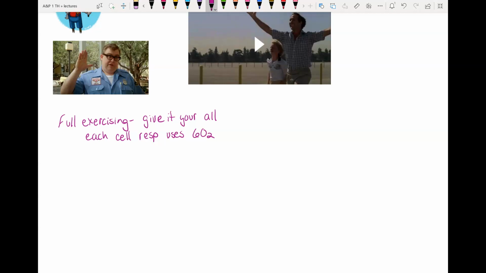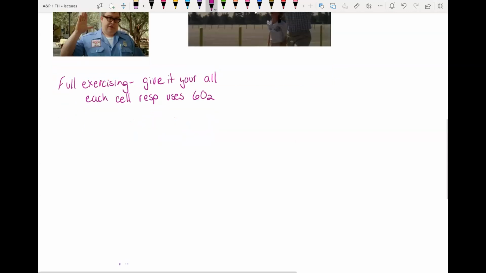Your heart and your lungs do send more oxygen when you're exercising. Yes, you are breathing deeper and faster. Your heart is pumping faster, so you are sending more oxygen. But if you look at your muscles on one side, when you're exercising, your muscles use oxygen, so they are taking it out of your blood.